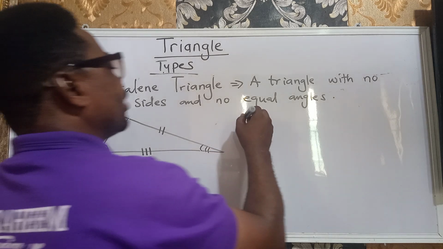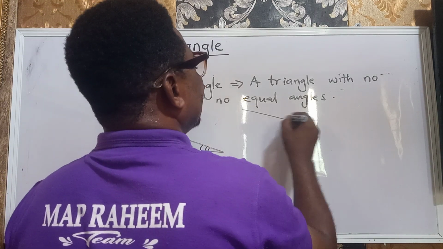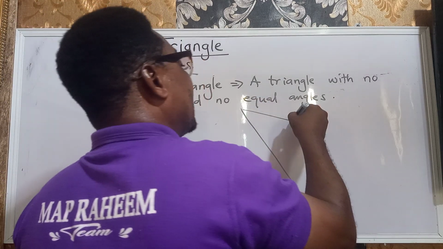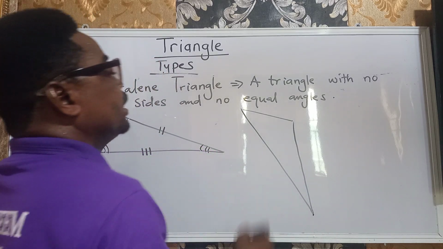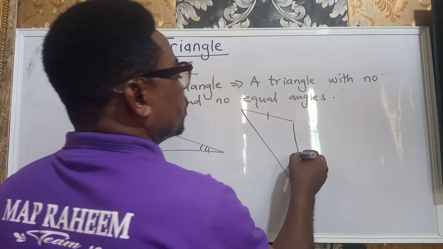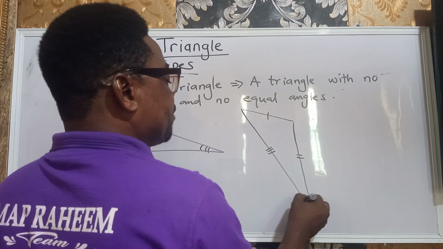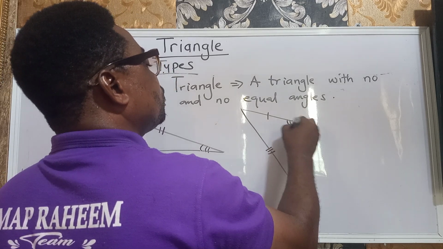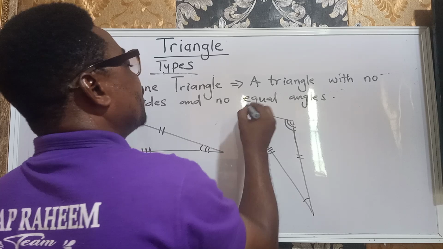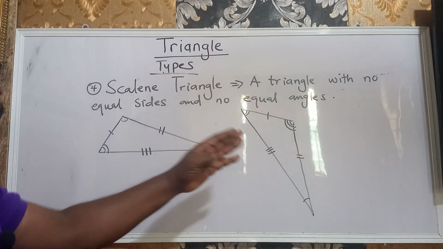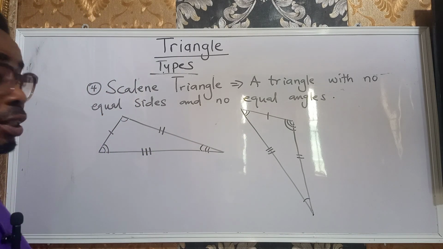I can draw it another way, something like this, and this one like this. Any way you see it, this one has 1 stroke, this has 2 strokes, and this one has 3 strokes. So it shows that the sides are not equal and the angles are not equal.